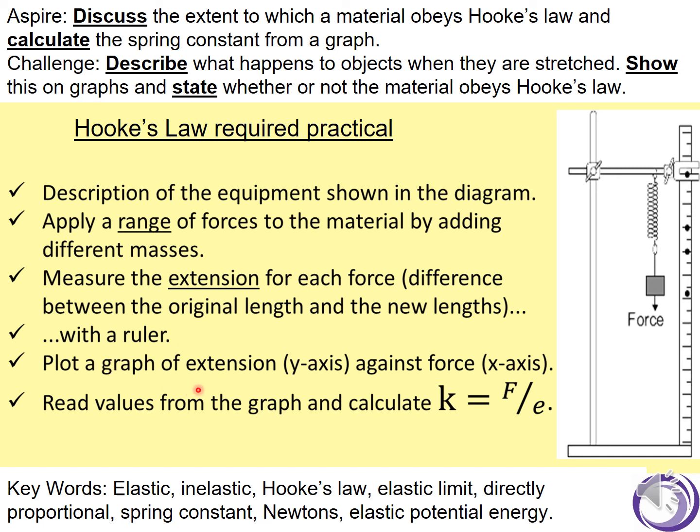We're then going to plot a graph of y-axis extension against x-axis force, as we've seen on previous graphs. And finally, we will read the values from the graph, which will enable us to calculate the spring constant, which is F divided by E.